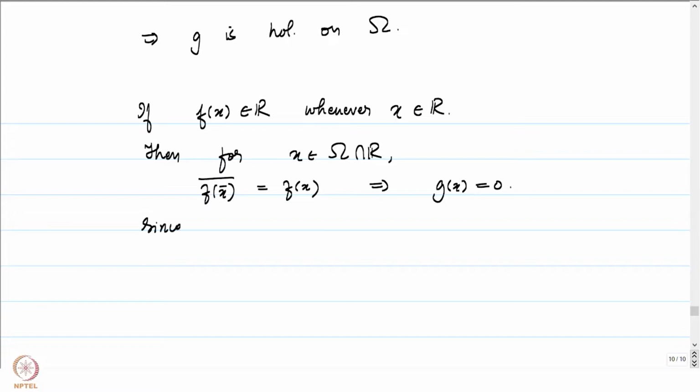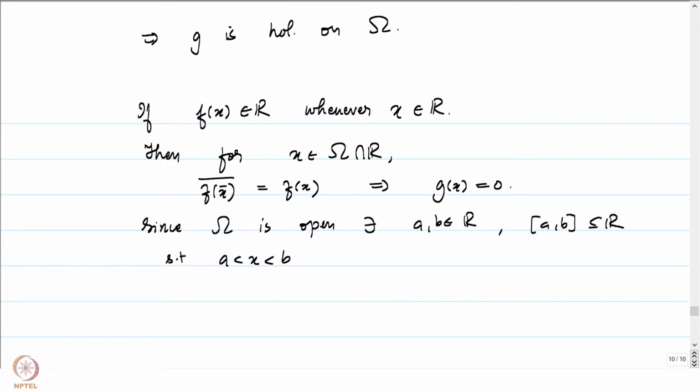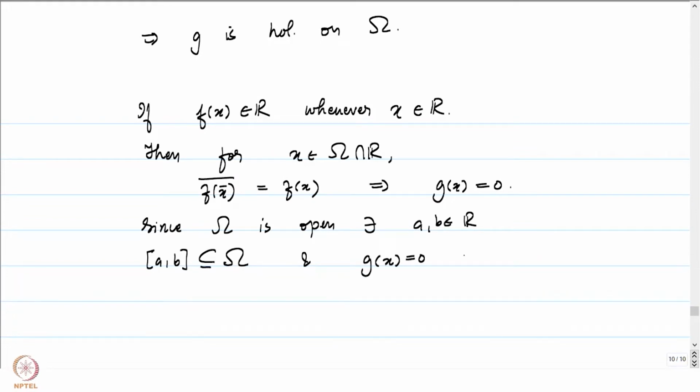Since omega is open, there exist a, b in R such that a less than x less than b, such that the interval (a, b) contained in R is in fact contained in omega. Let me not complicate it too much, just say that the interval (a, b) sitting inside the real line is contained in omega, and g of x is equal to 0 on (a, b).